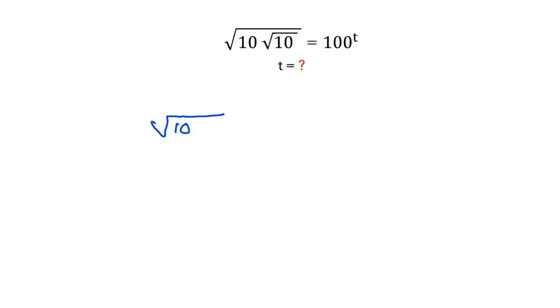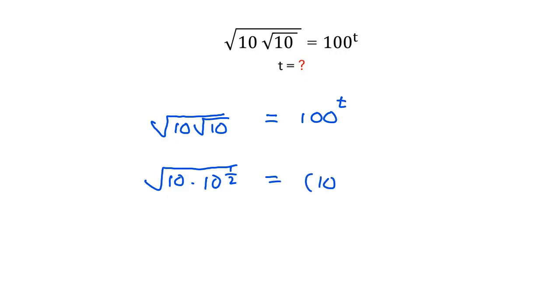Square root of 10 times square root of 10 equals 100 to the power t. We can write it as 10 to the power half times 10 to the power half equals 10 squared to the power t, since square root of 10 equals 10 to the power half, and we can write 100 equals 10 squared.